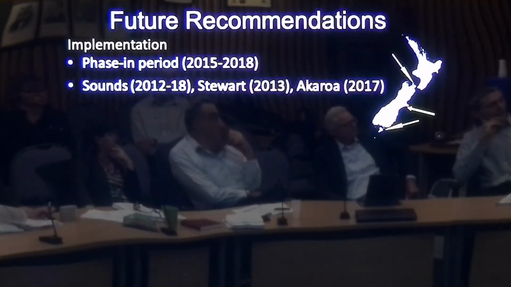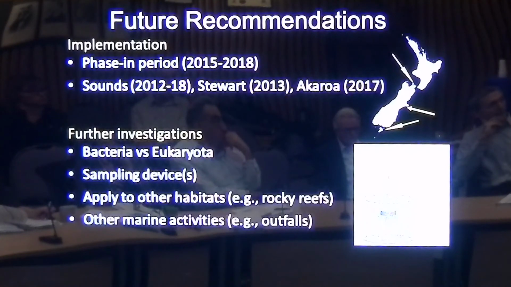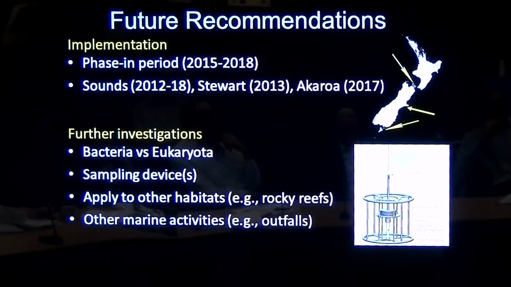This phasing period would allow us to really push further investigation on better understanding the bacterial and eukaryotic components of the program. It would help us improve the quality and the size of this Gene Code ID database and test its functionality. It would allow us to test a number of sampling devices that would be particularly adapted for small microscopic organisms, very important.